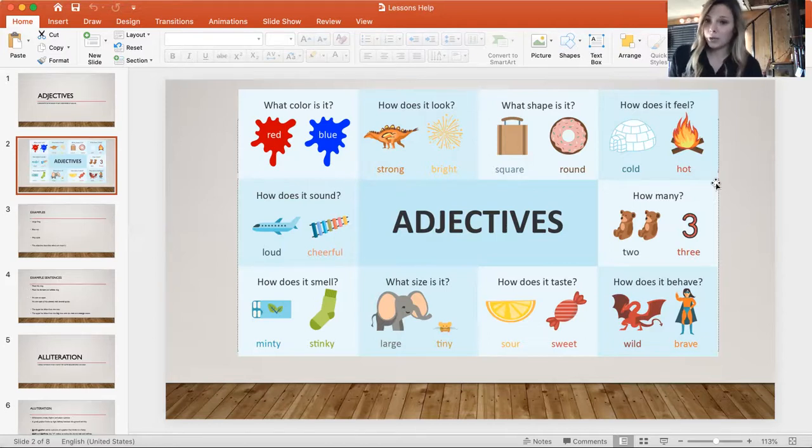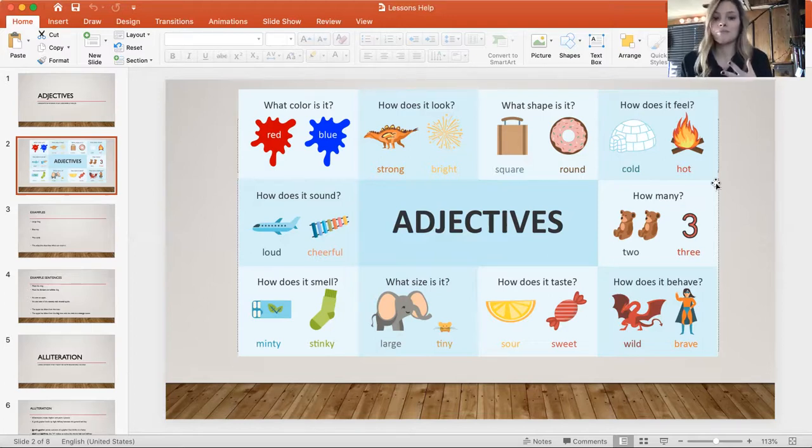It can be a number. You can be describing how many things you are writing about. There can be 2 brown bears in your story, or 3 fish swimming in the ocean. It can be about how something may smell. The stinky old cat. My stinky word is describing what the cat is. It can smell nice.